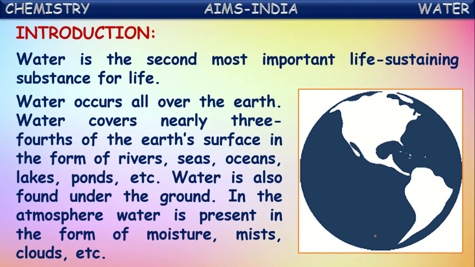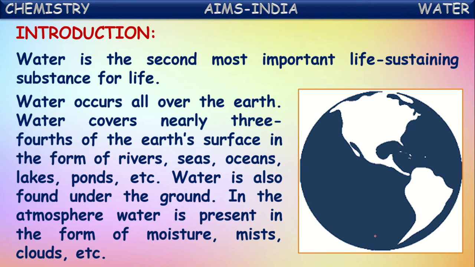One fourth only is available as land for the living of all the land animals, human beings, and plants. The remaining three-fourths of the surface of the earth is covered with water in the form of seas, oceans, rivers, ponds, lakes, etc. Not only on the surface of the earth, water is available under the ground also in the form of groundwater, isn't it?